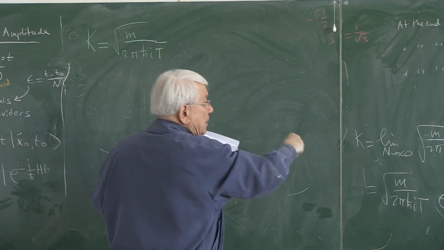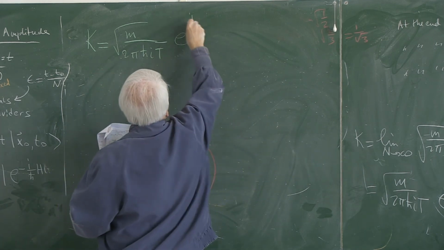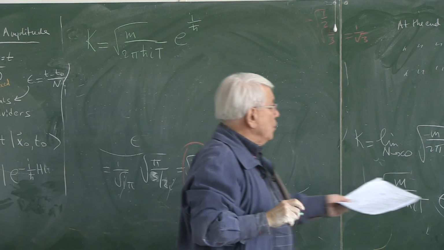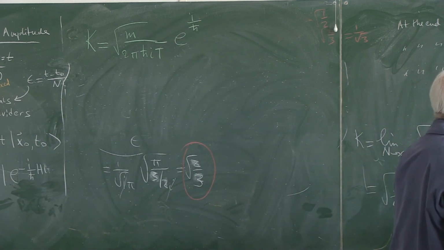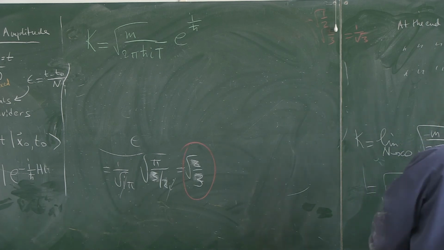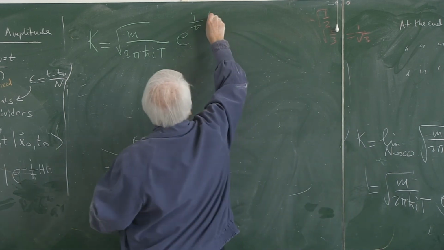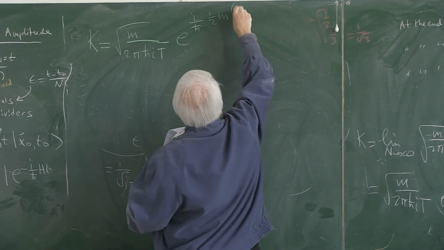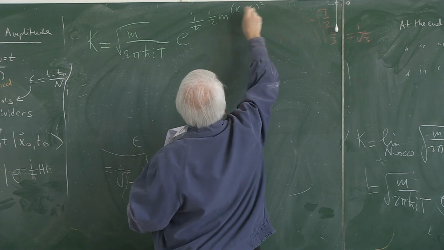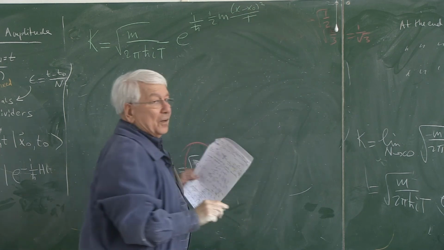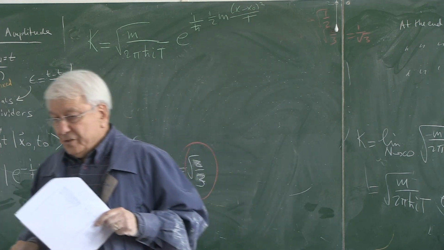The propagator is e to the i over h bar, putting back all these numbers, there is an i of course in front, this i over h bar, 1 over 2 m, x minus x0 squared divided by t. Isn't that what we have obtained using simple reasoning?